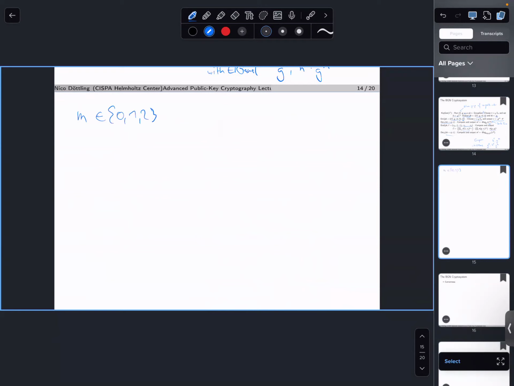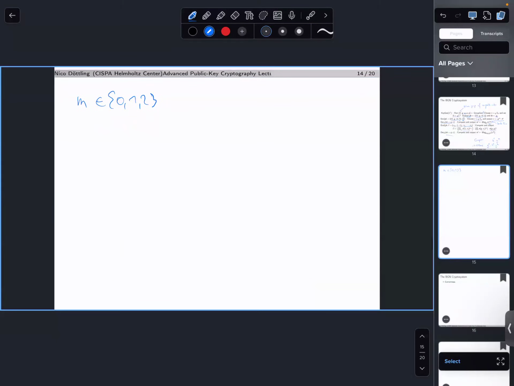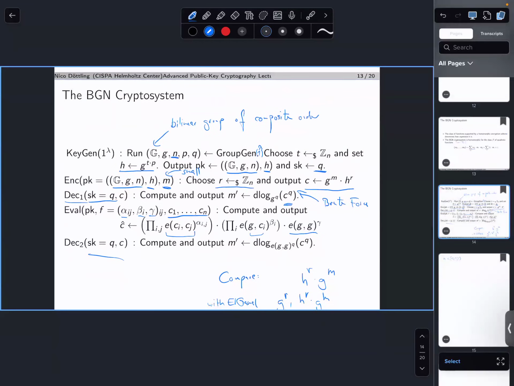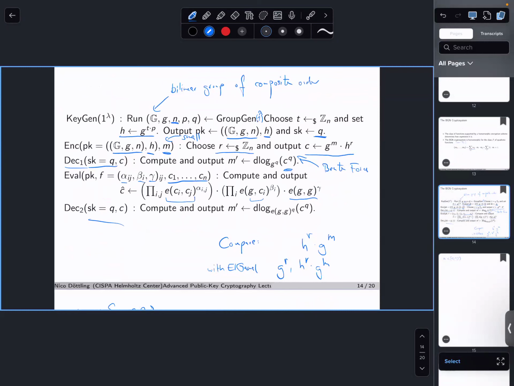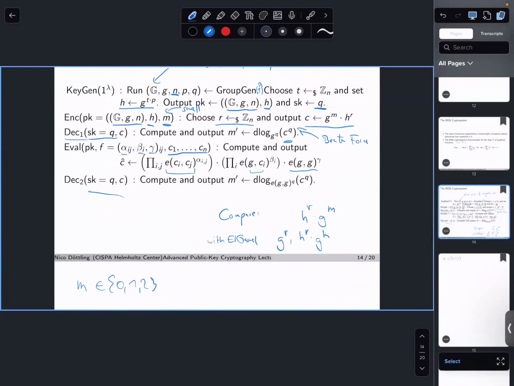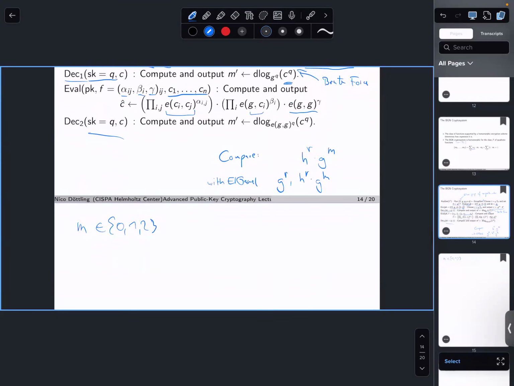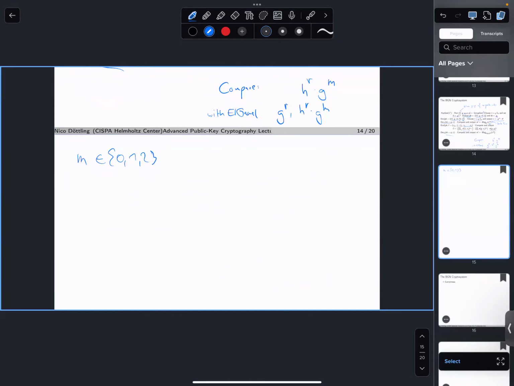It could be just 0 or 1, but let's make it 0, 1, or 2, to show it doesn't just work for m equals 0 or 1. And now my ciphertext, let's look at DEC1, right? DEC2 works the same way, but my ciphertext is something like h to the r times g to the m.